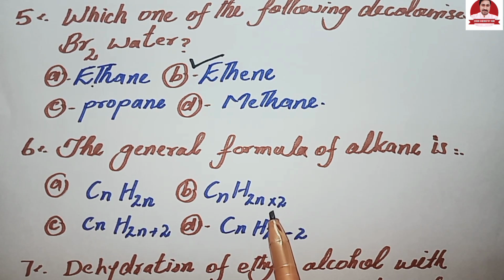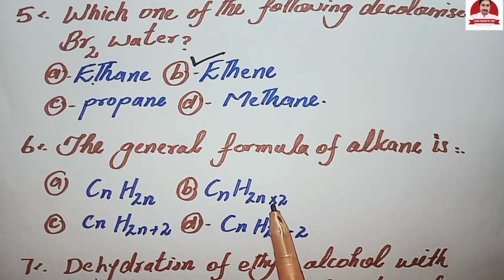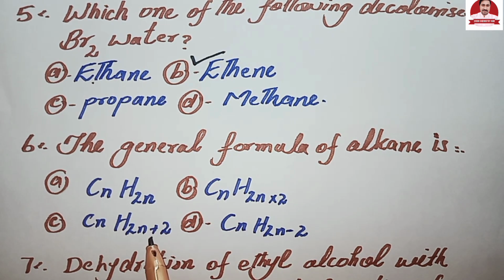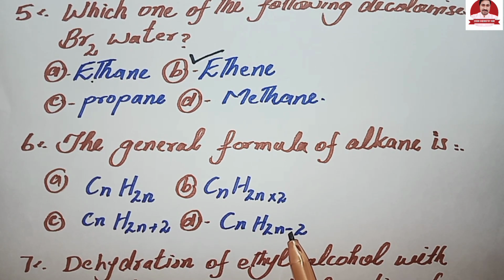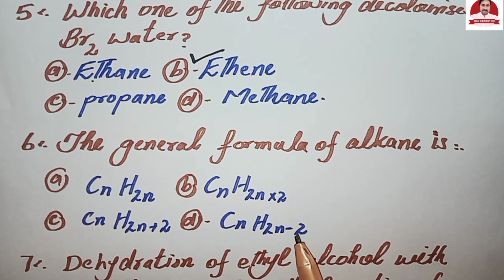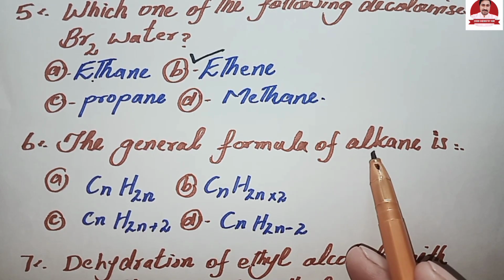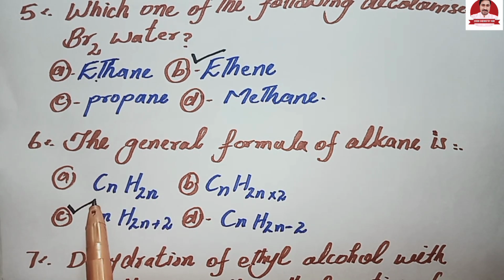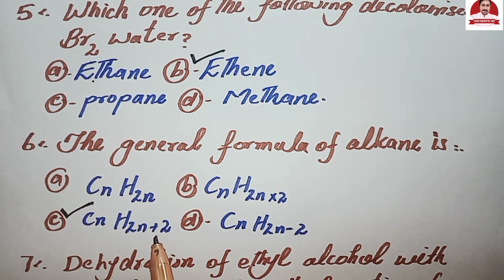Here you can see the multiply sign, here is the addition sign, here is the minus or subtraction sign. But the formula of alkane is CnH2n plus 2. So the option C is correct, plus sign.